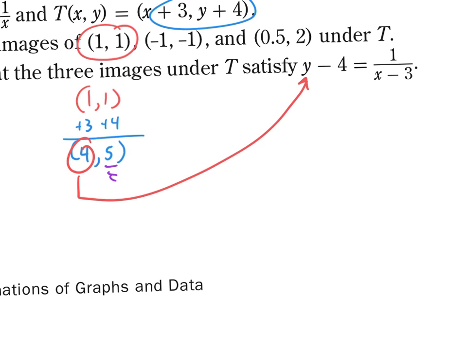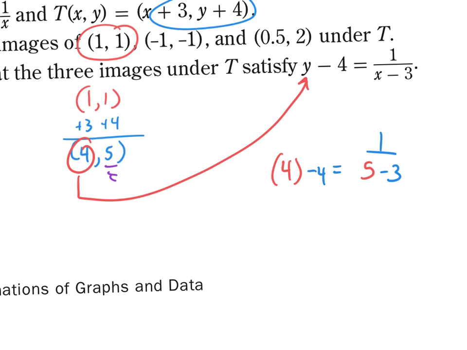So let's just test it real quick with this point, and you can do the rest on your own. So y, undo that. So it's this 4 minus the 4 that's in the problem, 1 over, and I'm going to go ahead and throw in the 5 right there, minus the 3.